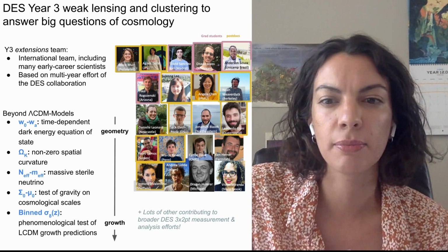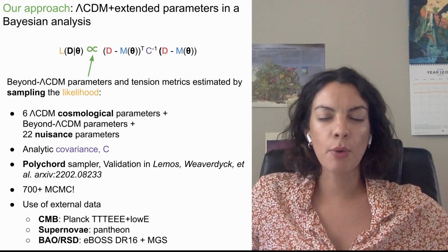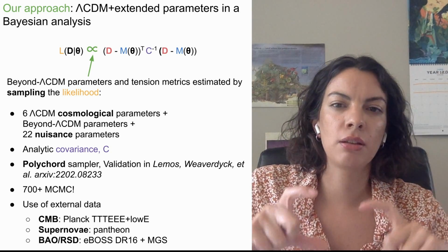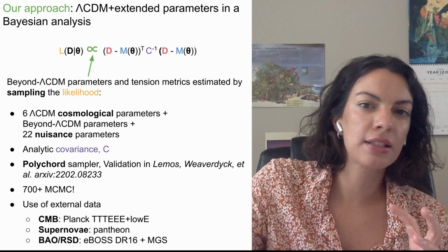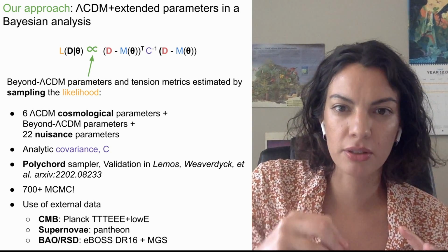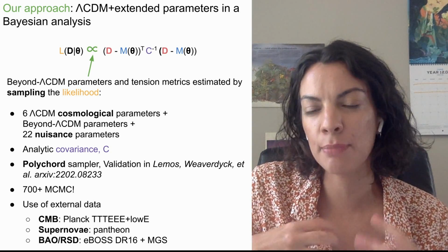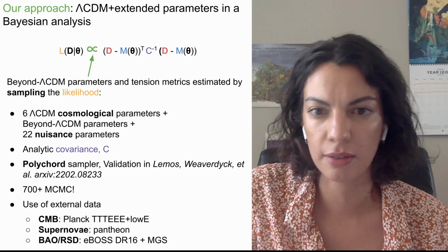expect in Lambda CDM. So basically our approach is that we take the Lambda CDM analysis as our baseline, and we add these extra parameters, and we have to take into account their impact on the DES data.